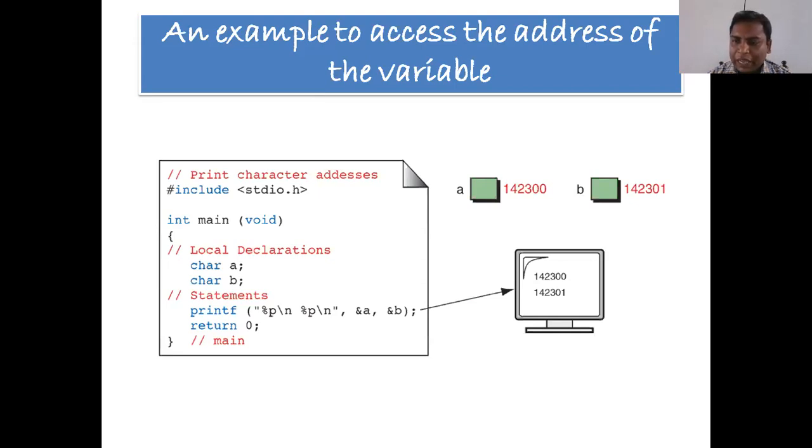We will be using ampersand A and ampersand B in my printf statement. And look at the format specifier. Here we have used %p, which will help you to print the address.